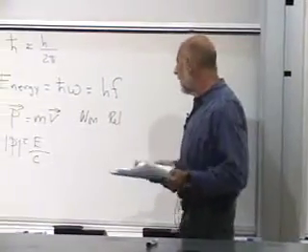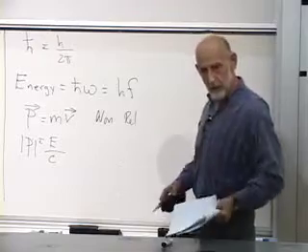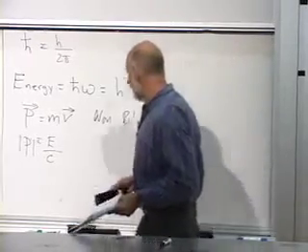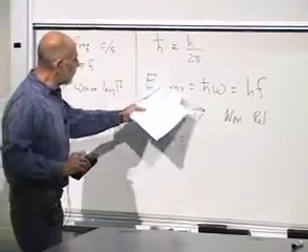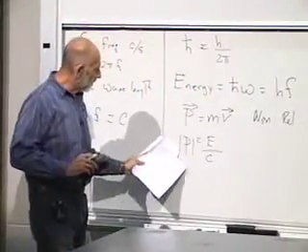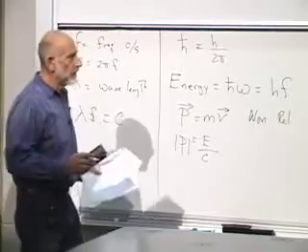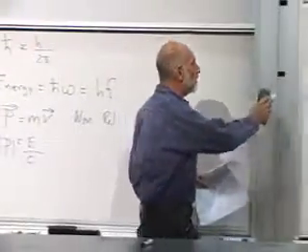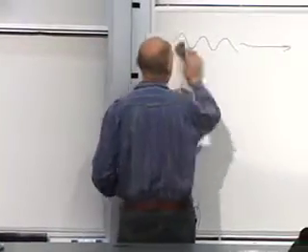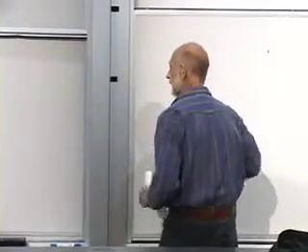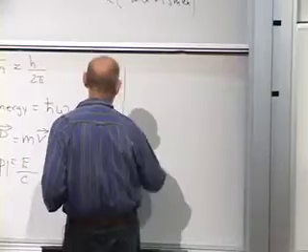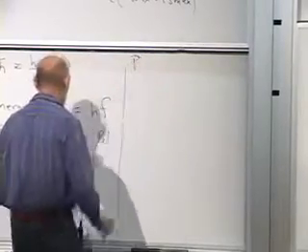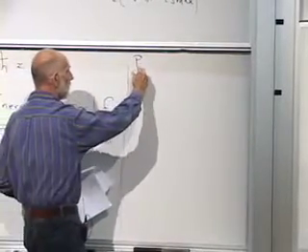What is the momentum of a single photon? To get the momentum of a single photon, you just plug the energy from here into the formula for the momentum. So let's do that. The momentum of a single photon, let's write photon over here.